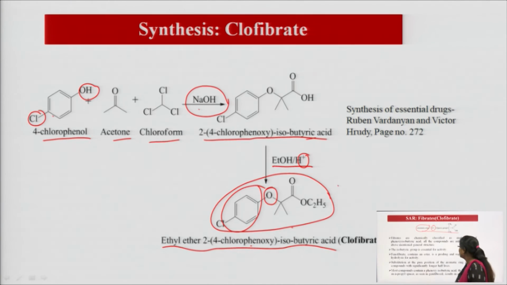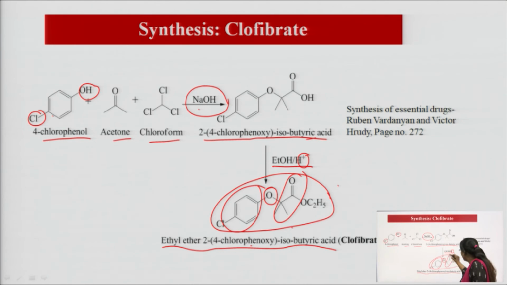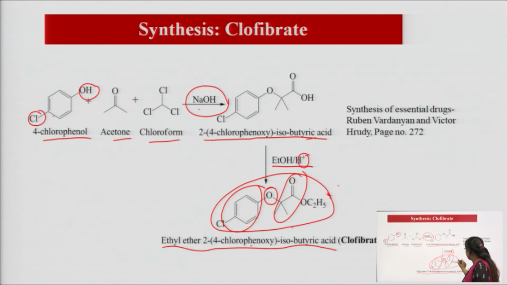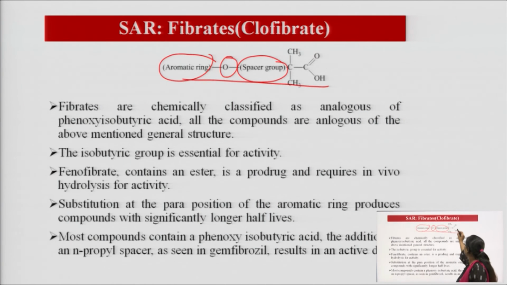This is the bridge, this is the spacer group, and this is the last connecting part of your clofibrate, that is ethyl acetate. This is it, connected like that. So, aromatic group bridged with spacer group with an oxygen, this is the rest of the part.